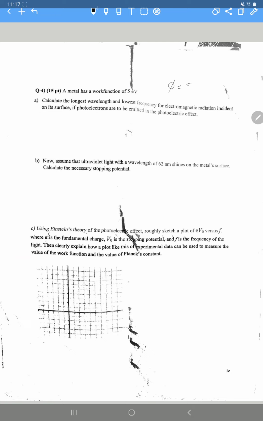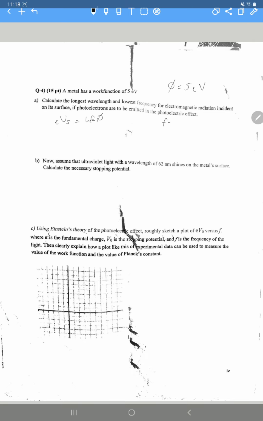Question 4. We have a metal surface with a work function of 5 electron volts. Now we just write the generic formula that is here on the front page. I suppose the formula was already given. It's this one.